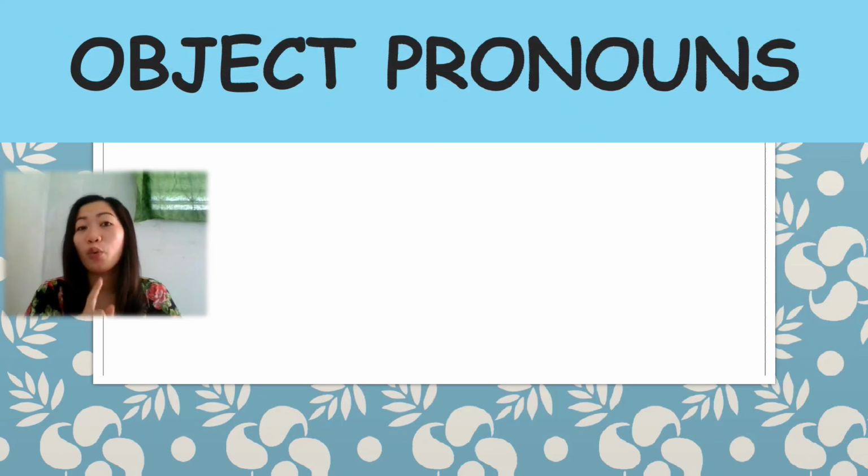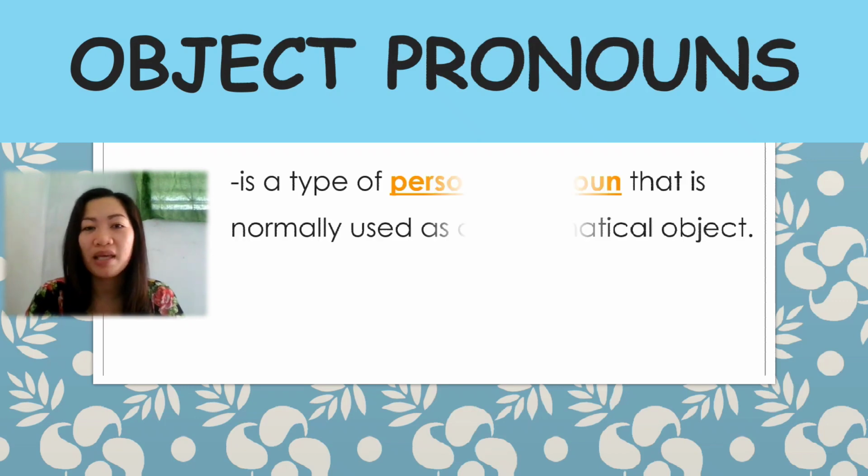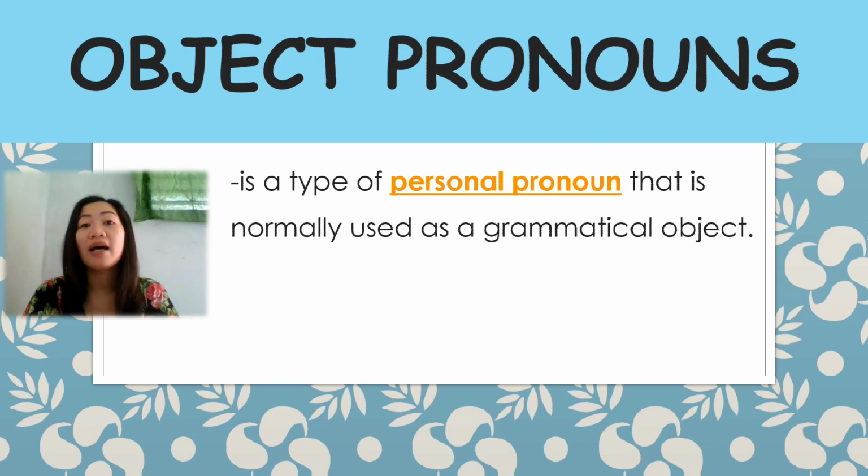We will first define what object pronouns means. An object pronoun is a type of personal pronoun that is normally used as a grammatical object, meaning it's the object of the sentence. But what do you mean by object?